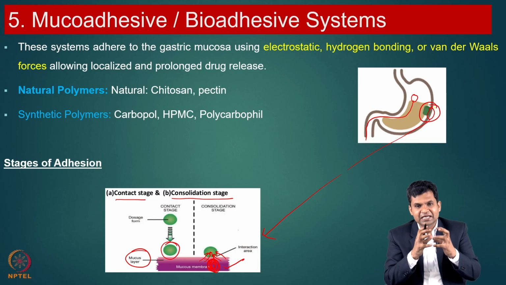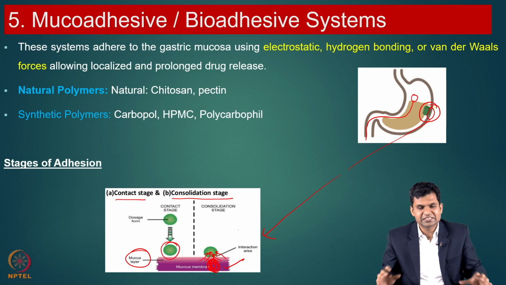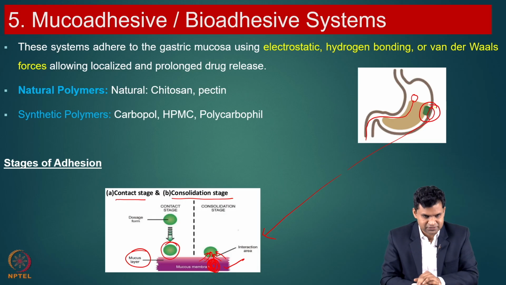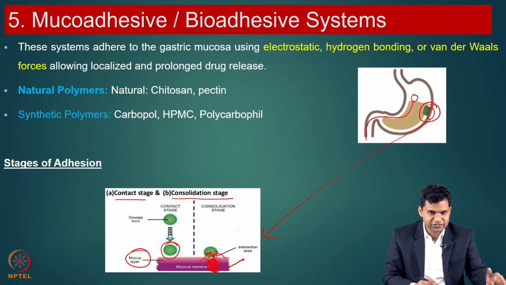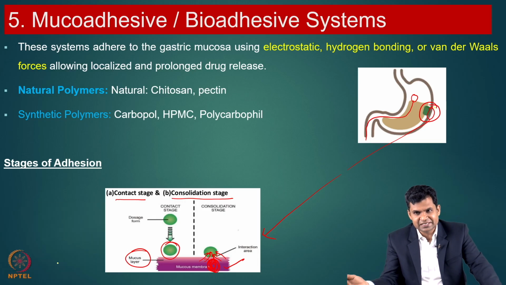There you will see the entanglement of the mucin with your polymeric material or dosage form. That is called consolidation, which is nothing but the uniting of two things in one process. This works through various mechanisms that we will see in the next slides.